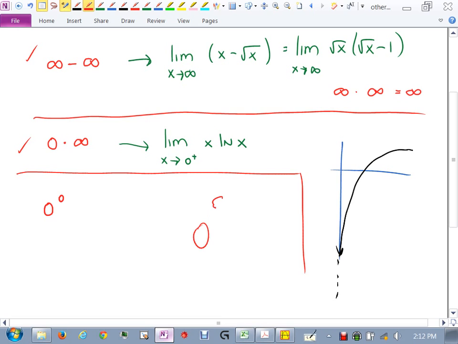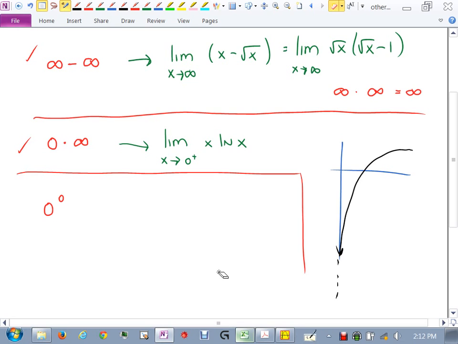If I say, what's 0 to the 5th power? You'd say 0. If I say, what's 5 raised to the 0? You'd say 1. So what's happening here is there's two things that are kind of like arguing with each other. This exponent is saying, hey, look, no matter what you are, I want to turn you into a 1. And then the base is saying, hey, I don't care about you. I just want to be 0.